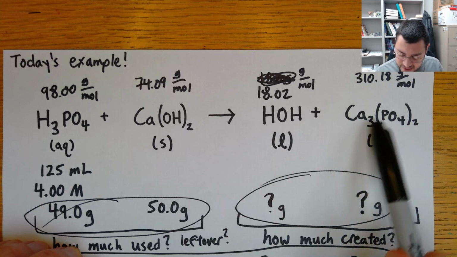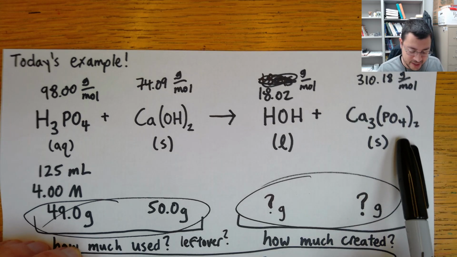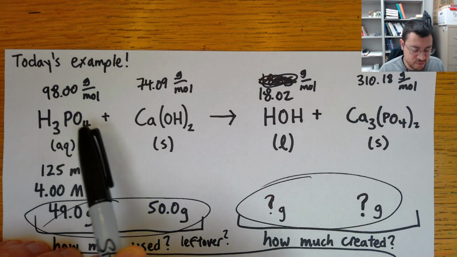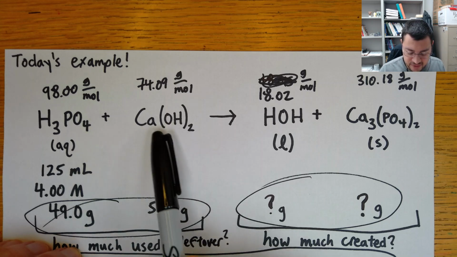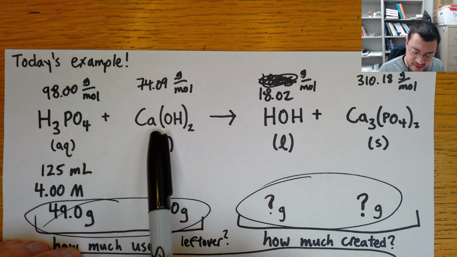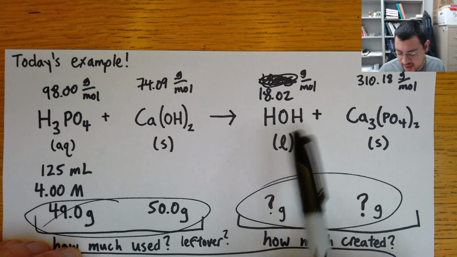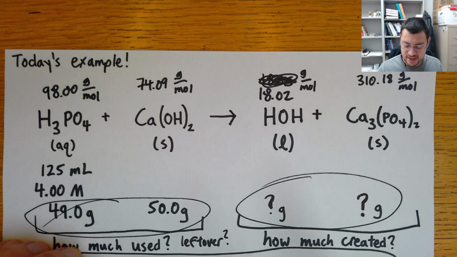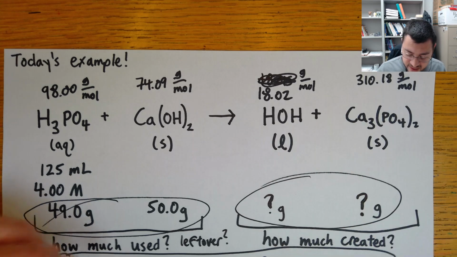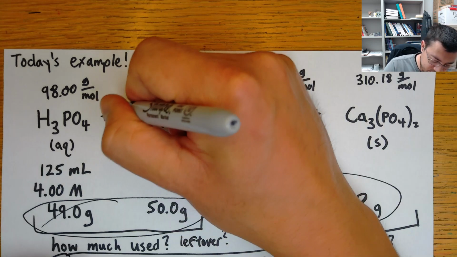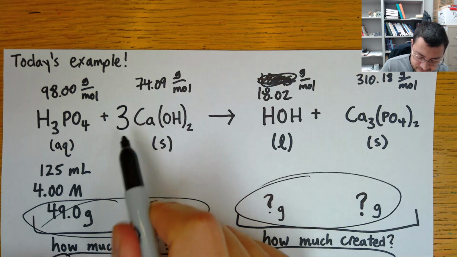Like I say, this is the most mathematically complex. Here we have a 3, but then we only have 1 phosphate. Here we have 2 hydroxides, but only 1 calcium, 1 proton, 1 hydroxide, so 1, 1. This one has a 3 and 2, so I think it's easiest to start with this. If we end with 3 calciums, we must have started with 3 calciums.